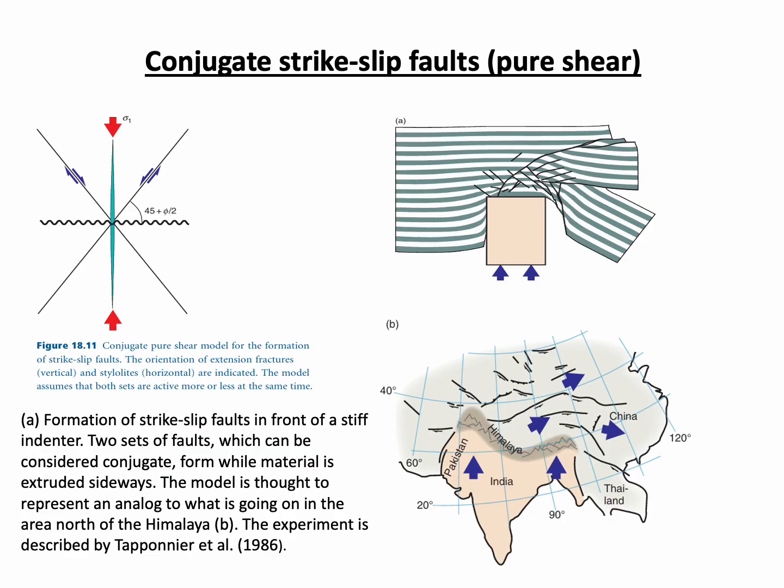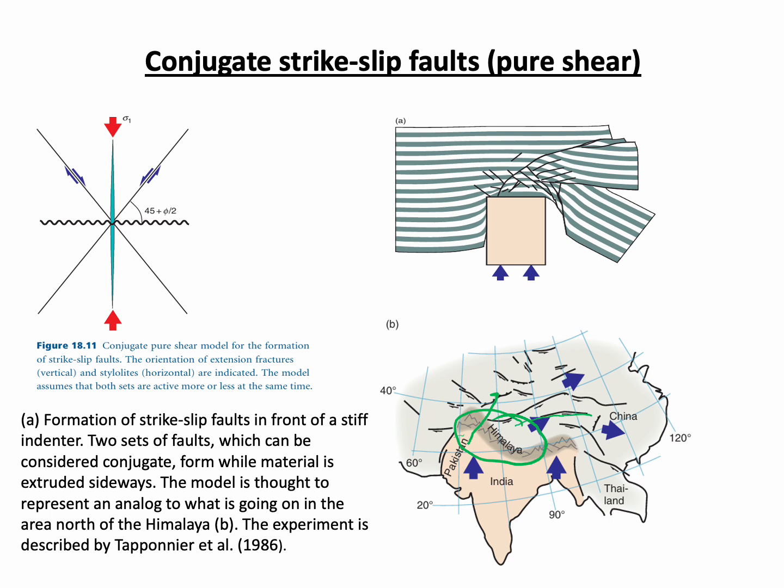So now we move on to the conjugate strike slip fault. This is basically developed by pure shear, as you see in this diagram. This is the Himalaya, and basically this mechanism is known as indentation. India is moving to the north, and when it collides with the China plate, it develops strike slip faults.